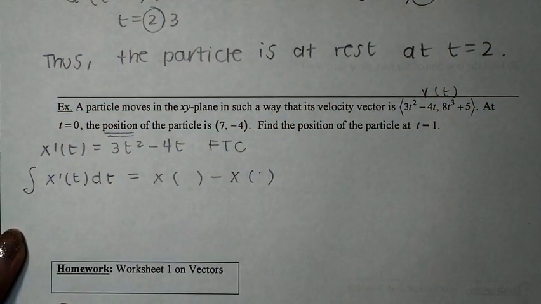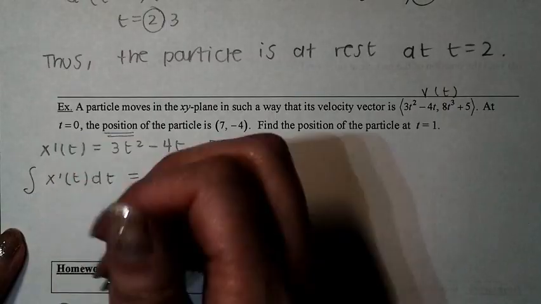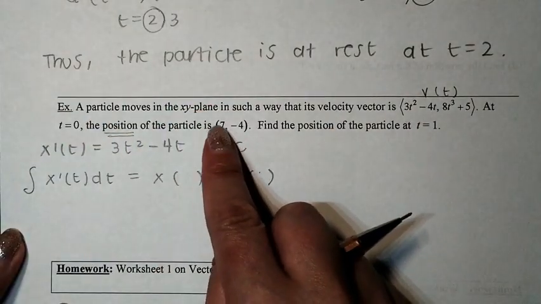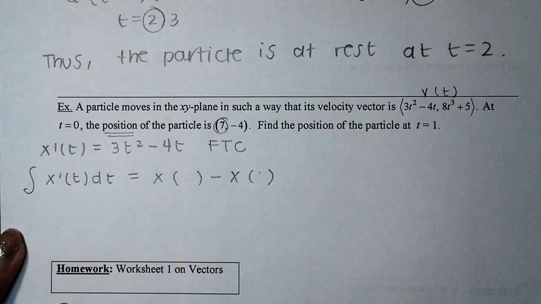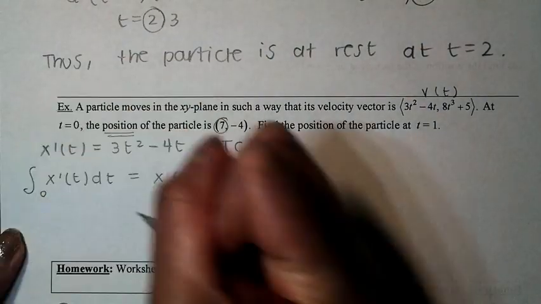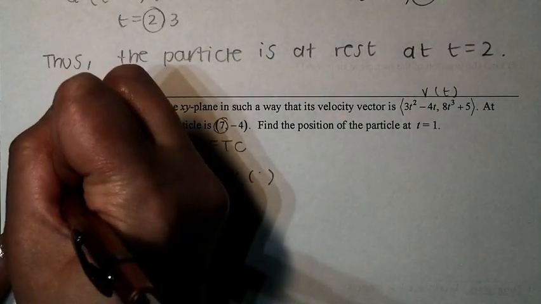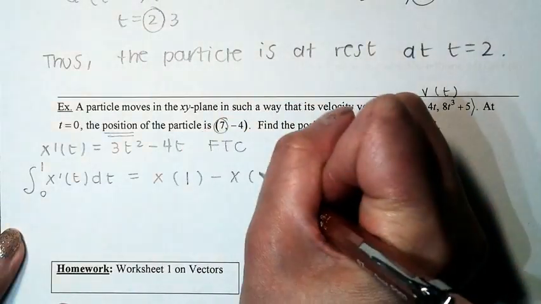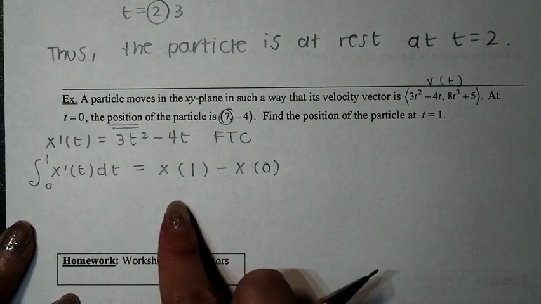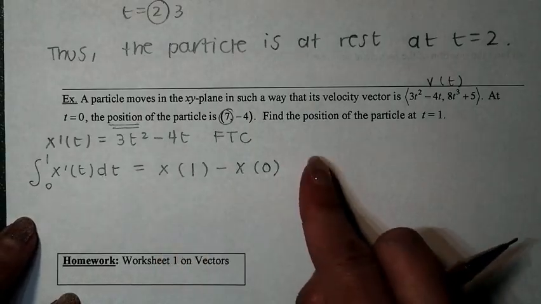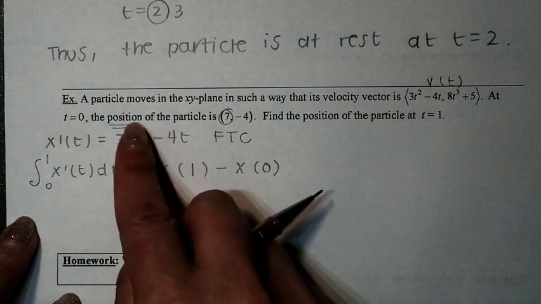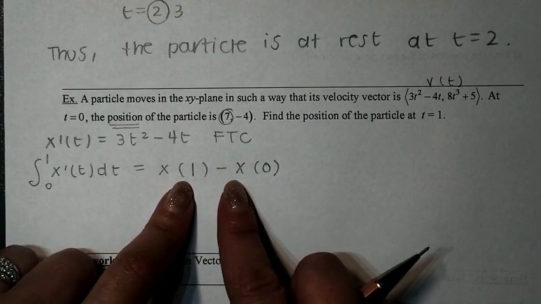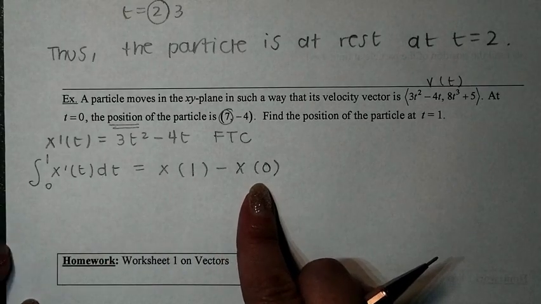And what are those bounds? They are giving you the value at 0, which is this one, because we're in the x part, so I want 0, and they are asking for 1. Are we okay with that? So by the fundamental theorem of calculus, I have x of 1 minus x of 0.